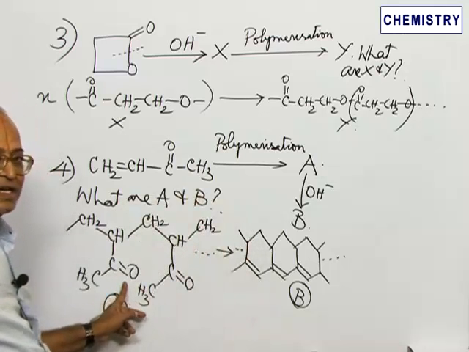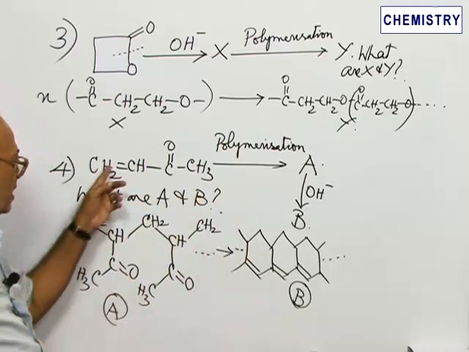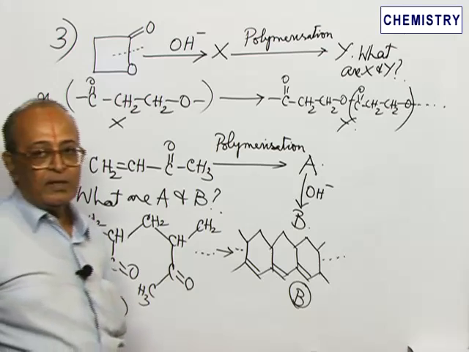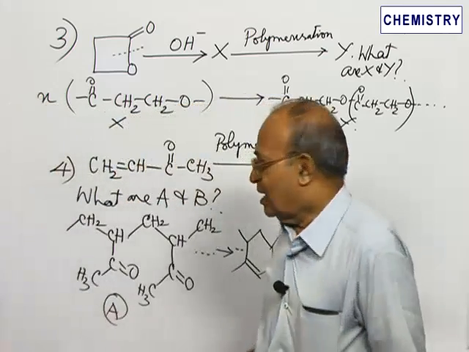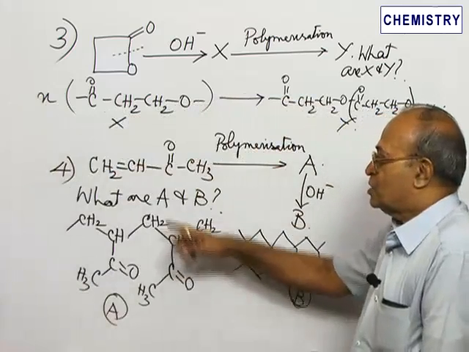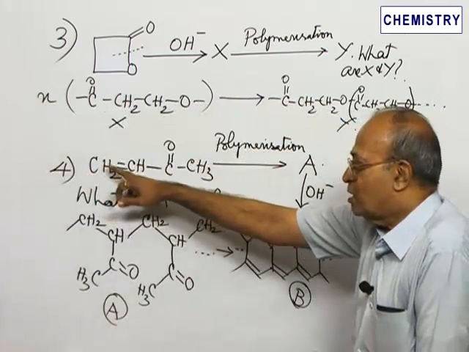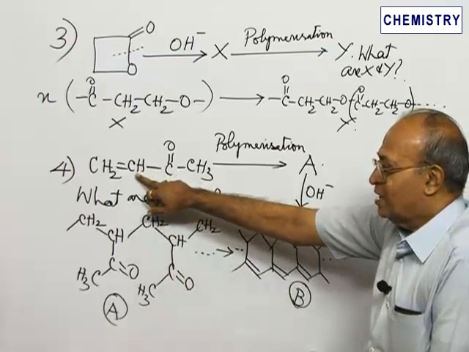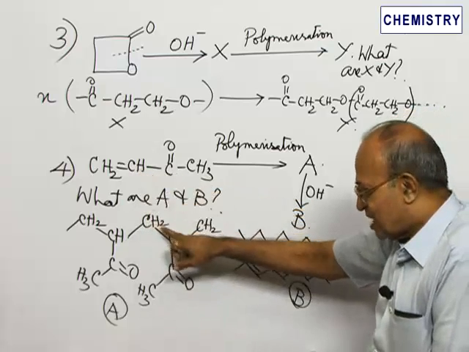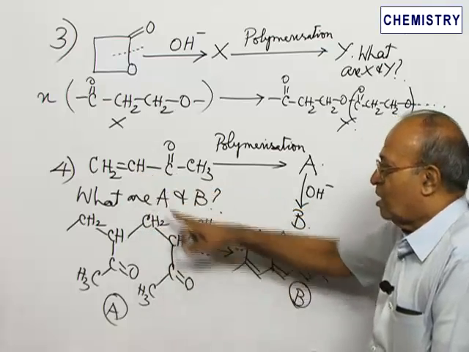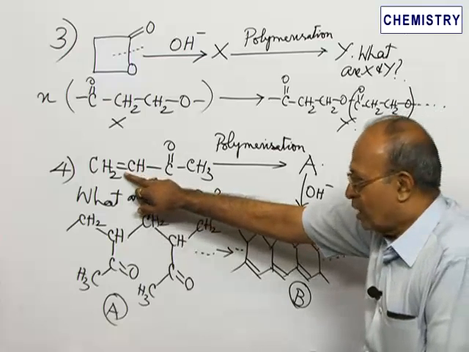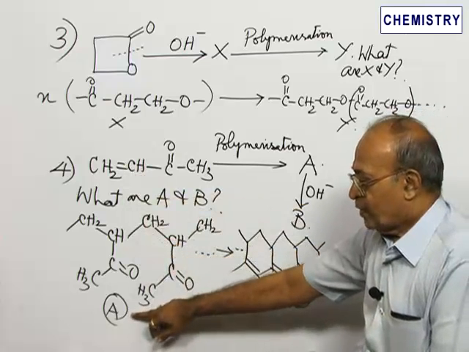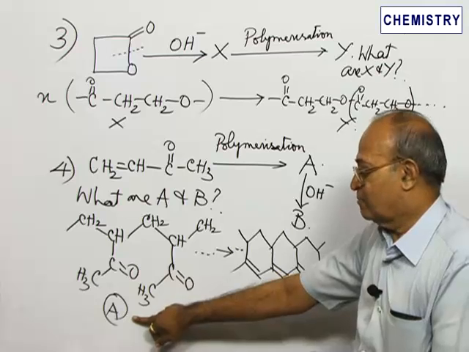So this is A, double bond breaking, and in order to show that ring closure takes place, I have written like this. So this leads to single bond CH2, CH, COCH3, but here there should be another valency which is satisfied by another molecule of this ketone by breaking this particular double bond, and so this continues to give a structure like this, A.